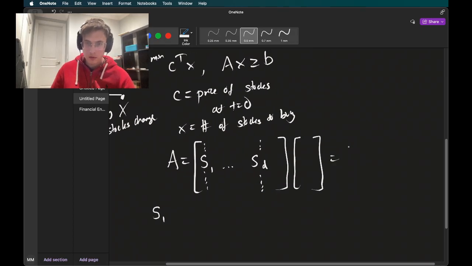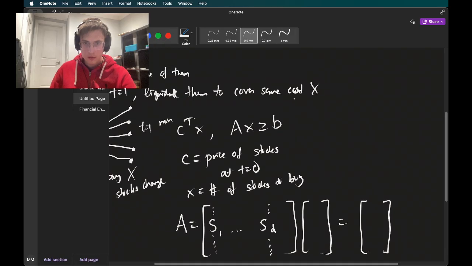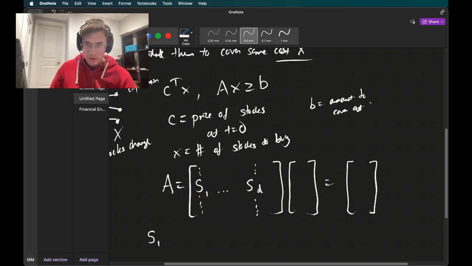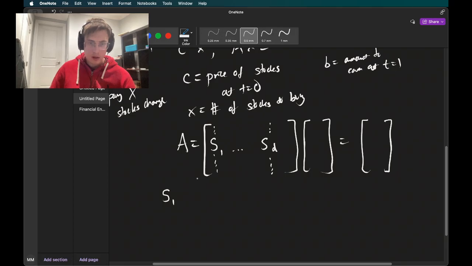I guess it might be easier to think about what b is here. b is the amount that we have to cover at t equals 1. So b will be the amount to cover at t equals 1.